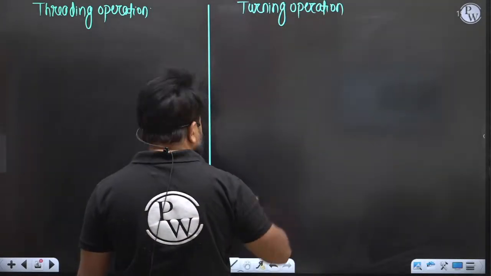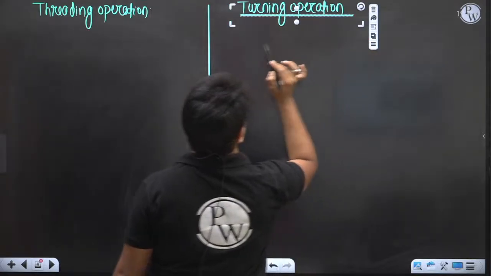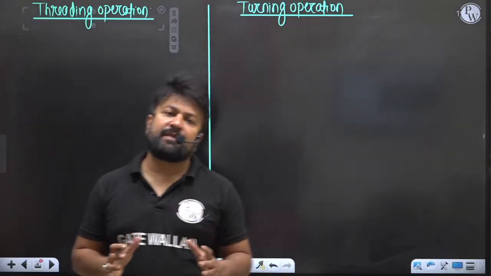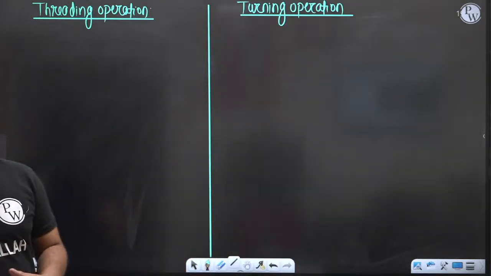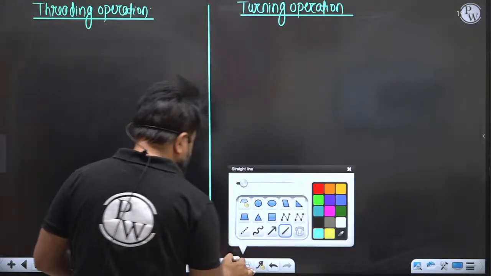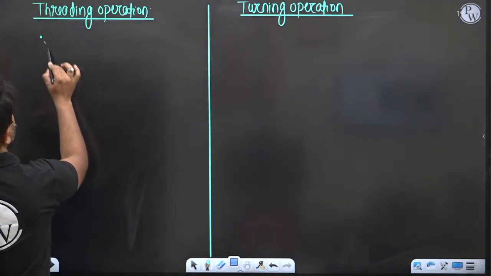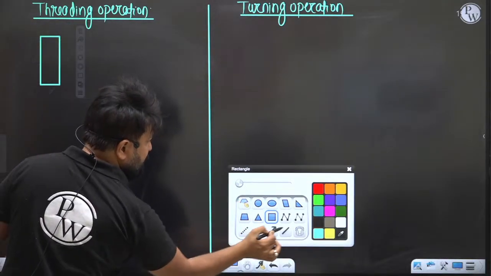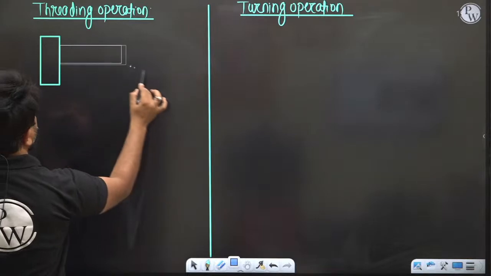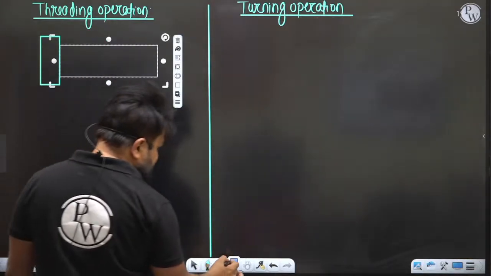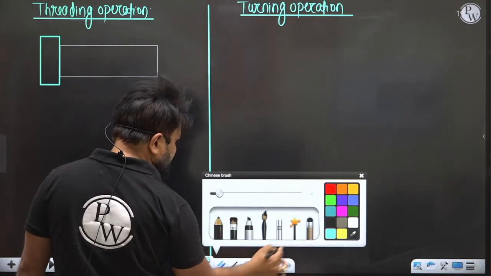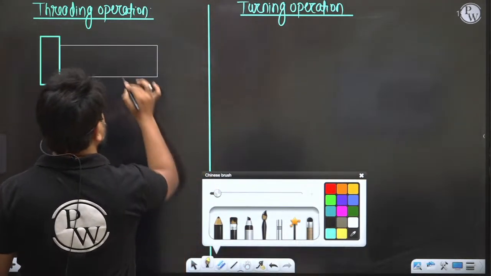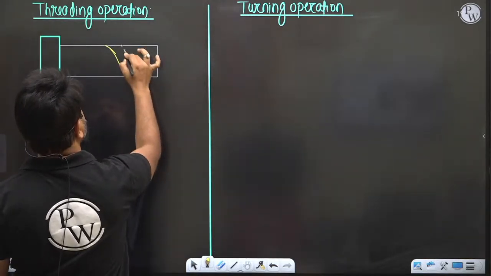When you do a threading operation, the lead screw is connected. Let me explain. This is your chuck, and there will be a workpiece on which we want a thread.